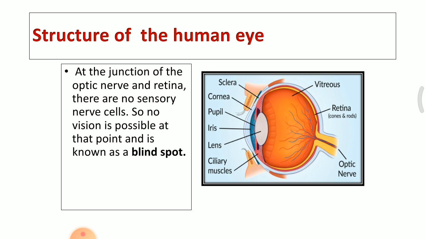At the junction of the optic nerve and retina, there are no sensory nerve cells, so no vision is possible at that point. So this point is called the blind spot.